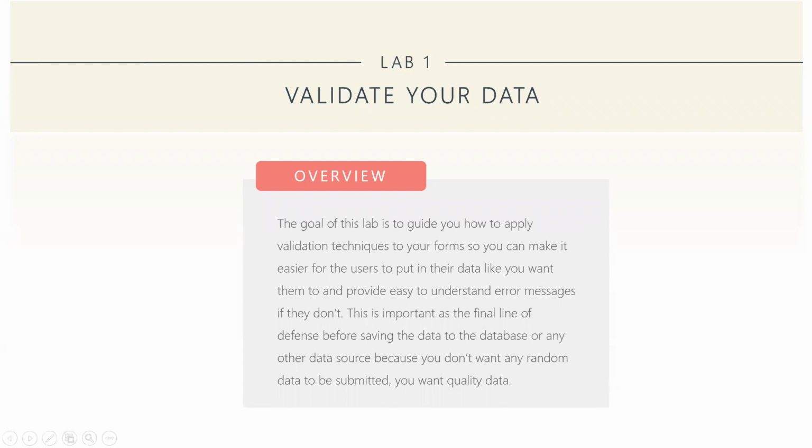Yep. All right. So for the first lab, we are going to discuss how to add validation to your forms, specifically using the get errors and get error count commands. The purpose of this is to highlight the required fields. It will also show the specific error messages and display the remaining number of validation errors.